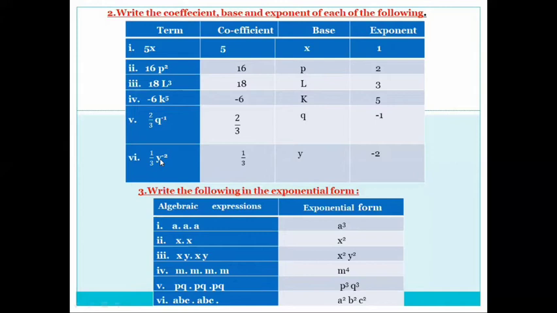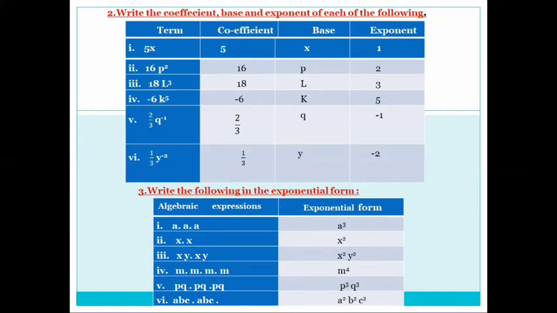Dear student, here we have to separate the values: the number followed by any variable, which comes in front, like 5. This is the very front value. 5x power 1, 16p power 2, 18l power 3, minus 6k power 5, 2 over 3 q power minus 1, 1 over 3 y power minus 2.